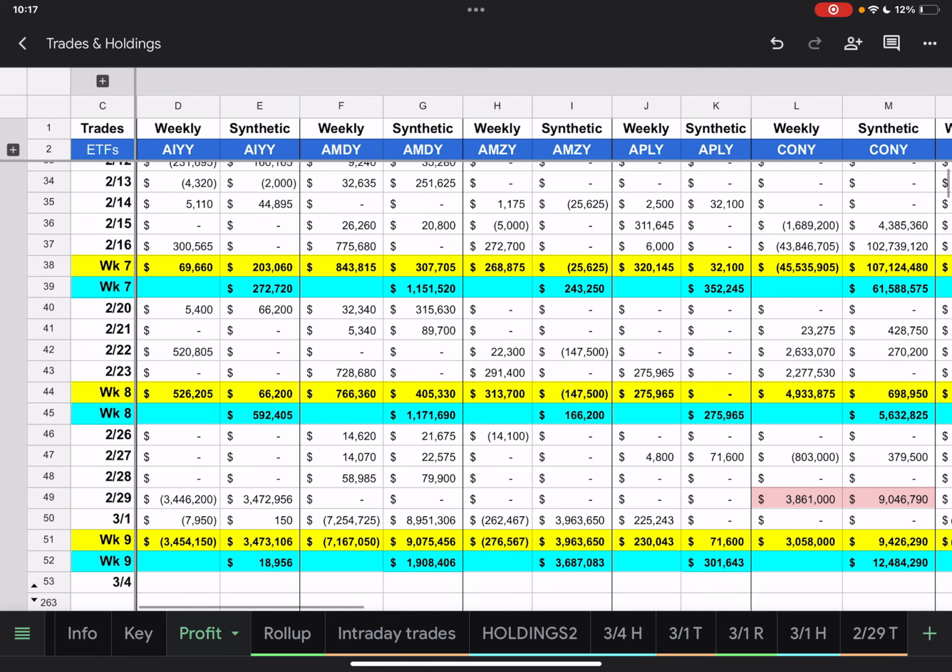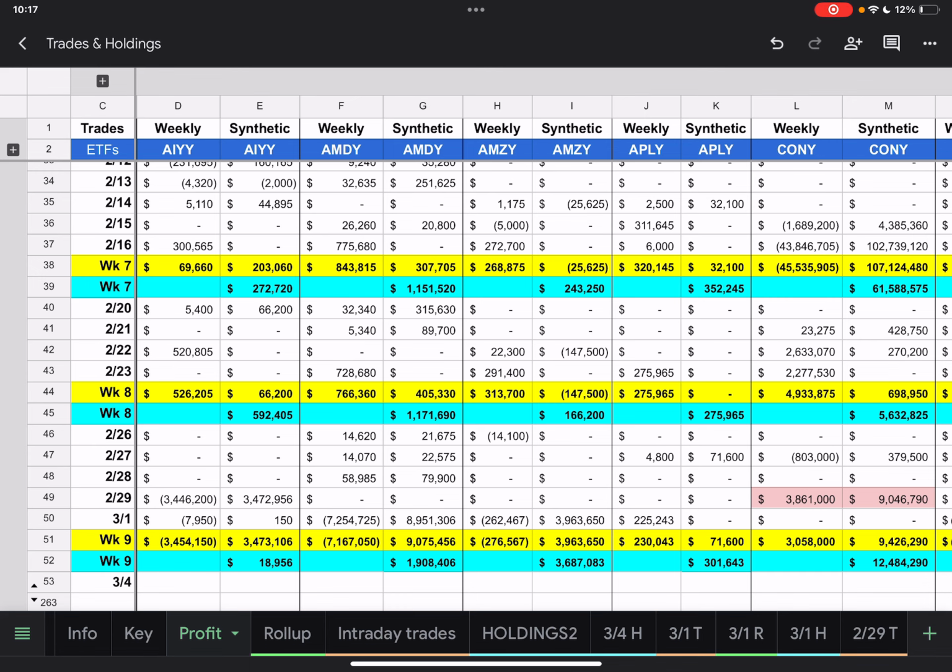And then we scroll on down to week 9. This is showing that we actually lost. And now I'm wishing I had my phone with me. I do. Let's just make sure right here because that's large.